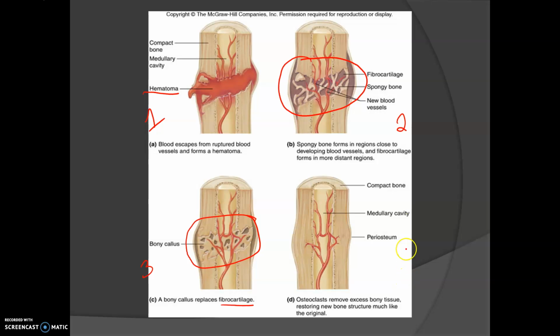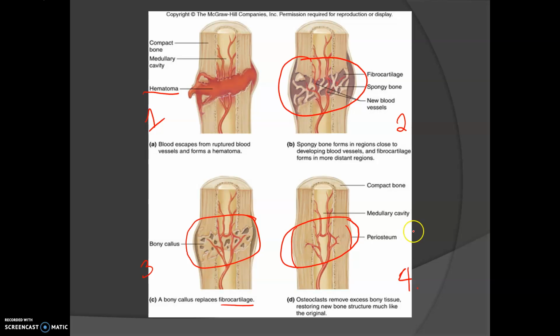And then finally, our last step, we can see this is where the break is. It's very clear. It's actually very interesting because where breaks have occurred, you see these bulges of bone on either side because the osteoblasts overput bone there because there was so much stress in that area.